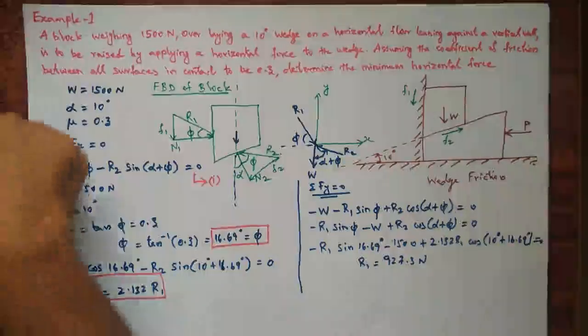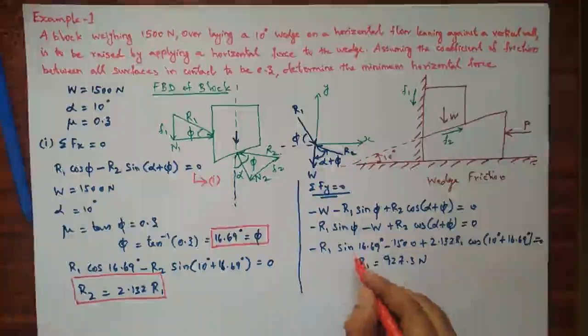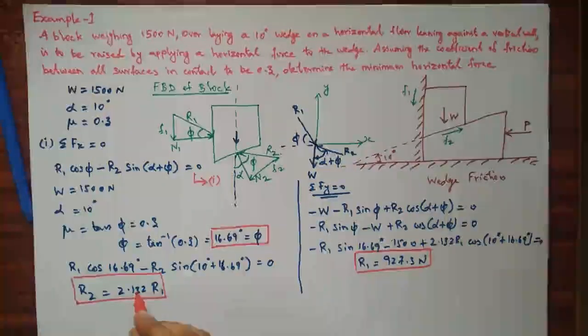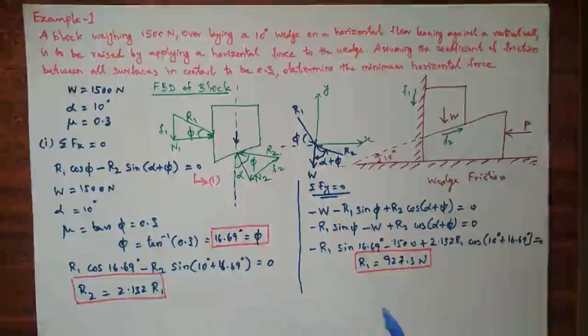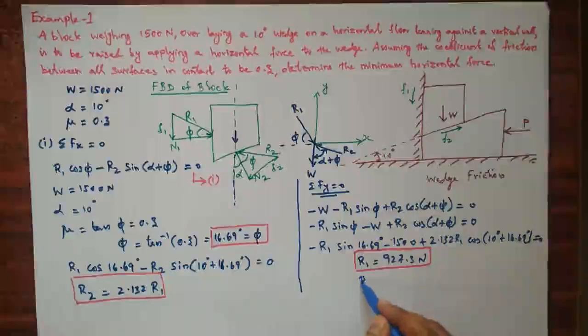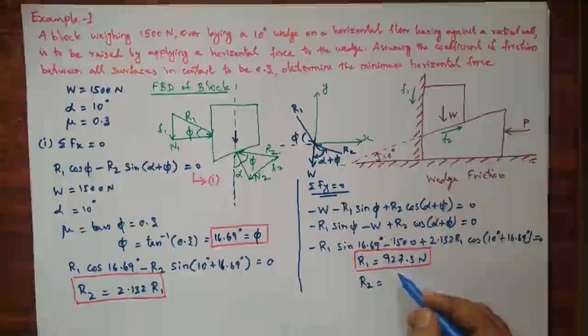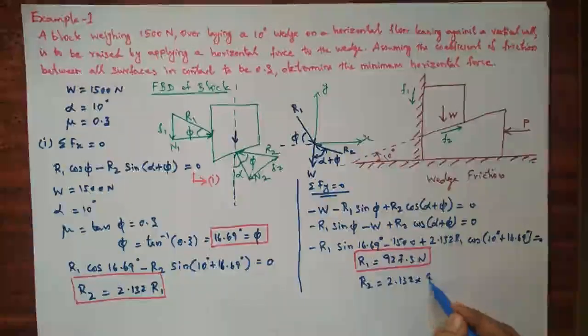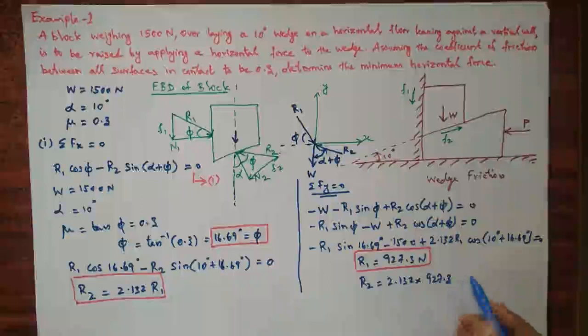So once I got the R1 value, I can substitute this R1 value in this equation, then I will get the R2 value. So R2 which is equal to 2.132 into 927.3.